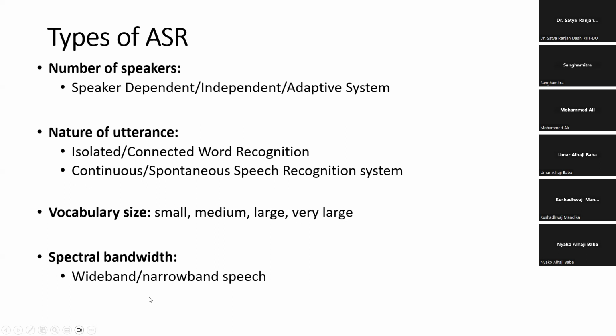In that case, it will attenuate the higher frequency components. For this type of speech, that is narrowband speech, obviously the ASR will also be restricted to only narrowband speech. And wideband speech is the one that we can directly record. That is wideband, because it will be covering a wider spectrum of frequencies.